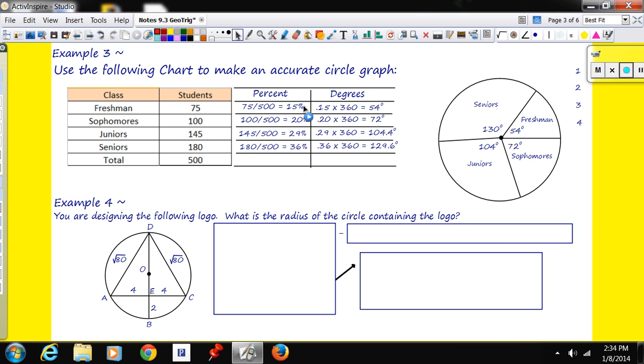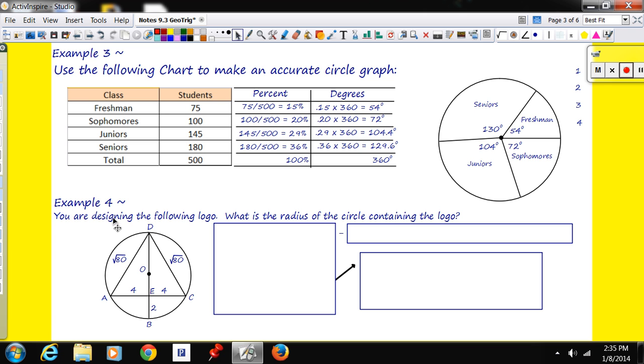So that would be how you apply the degrees: your percent out of 360, and you get your central angle. Central angle has to equal the amount of degrees for that. I could have sworn I had something else in here. Yes, I did. There it is, 100% and 360 degrees when you add it up.